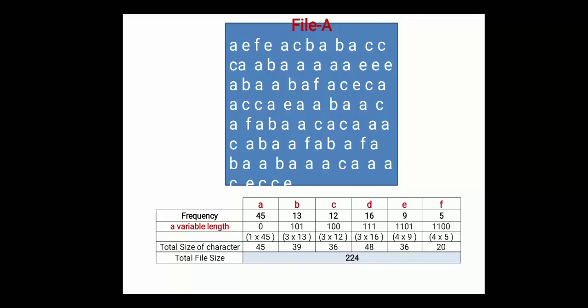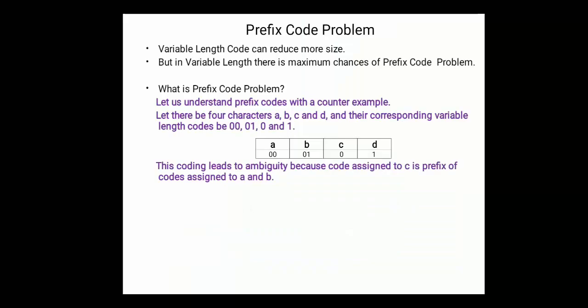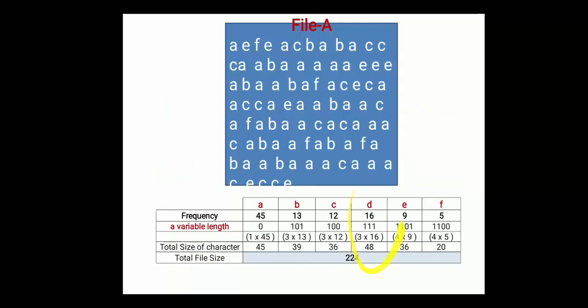In our case, B can be represented by 3 bits, that is 101. C by 100, 3 bits. D by 111, 3 bits. E by 1101, using 4 bits. F by 1100, using a different 4 bits.